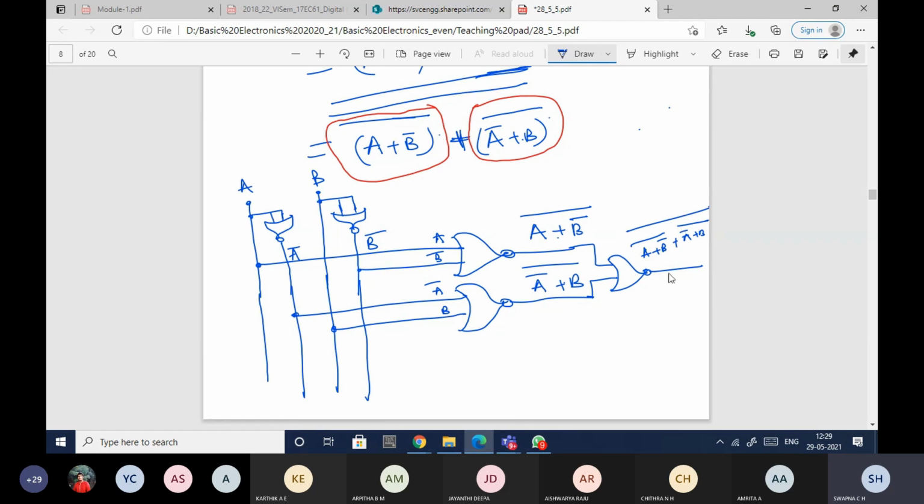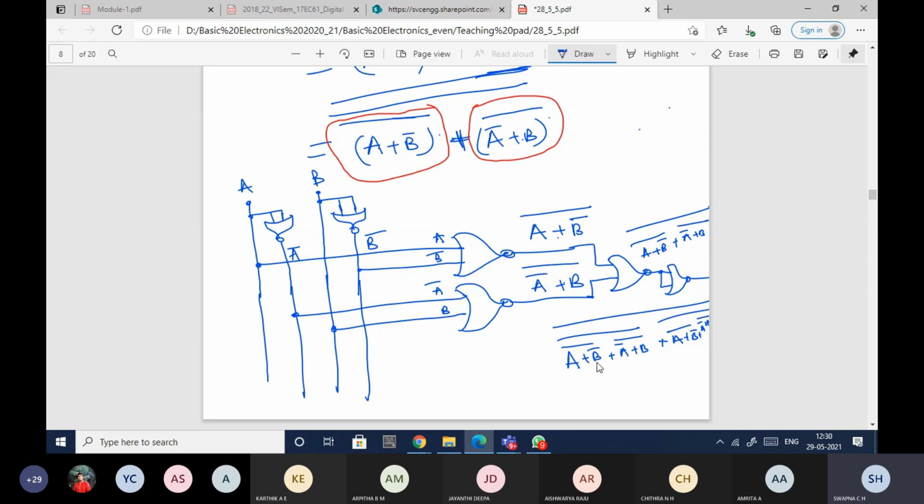So to get one more bar, I'll give both the inputs of the NOR gate to the same one so that my output here will be equal to ((A plus B bar) whole bar plus (A bar plus B) whole bar plus (A plus B bar) whole bar plus (A bar plus B) whole bar) whole bar.